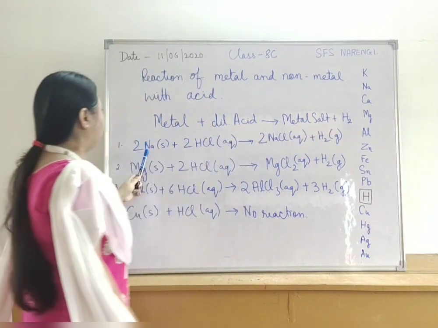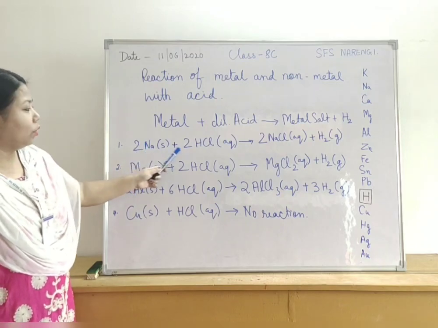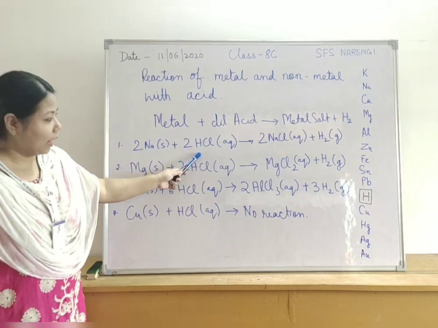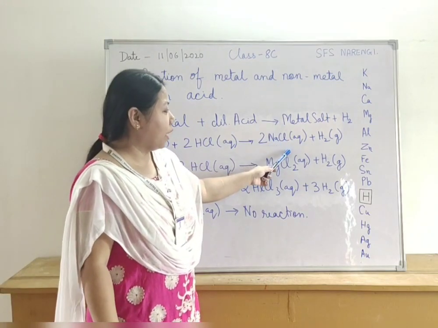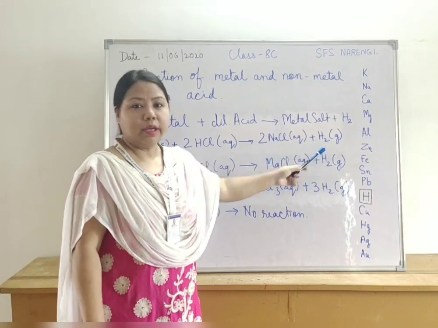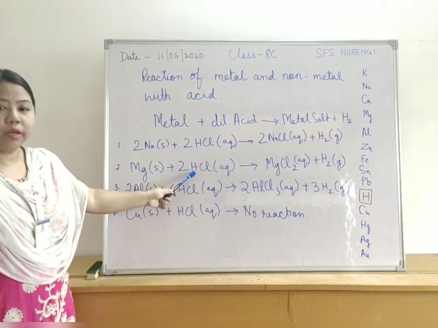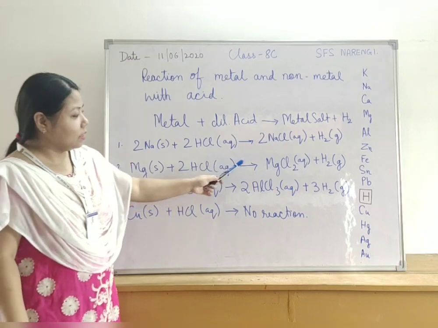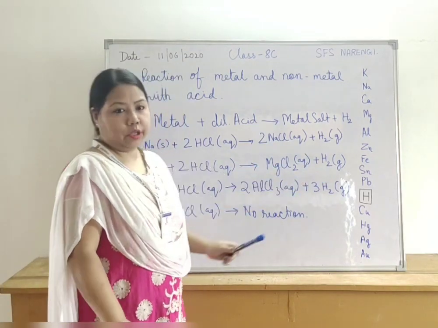So let's take some examples. Sodium, when it reacts with dilute hydrochloric acid, produces the salt sodium chloride and hydrogen gas. Similarly, when magnesium reacts with hydrochloric acid, it produces magnesium chloride and hydrogen.